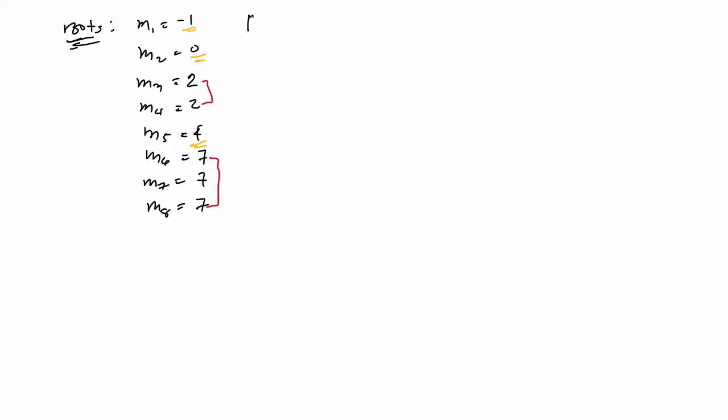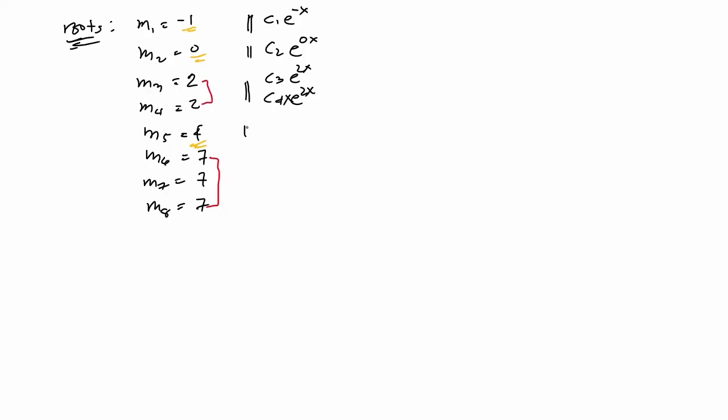In this term, we have y is equal to c sub 1 e raised to negative x. As well as for this one, we have c sub 2 e to the 0x. For this term, since we have a repeated root, we have c sub 3 e to the 2x and c sub 4 x e to the 2x.